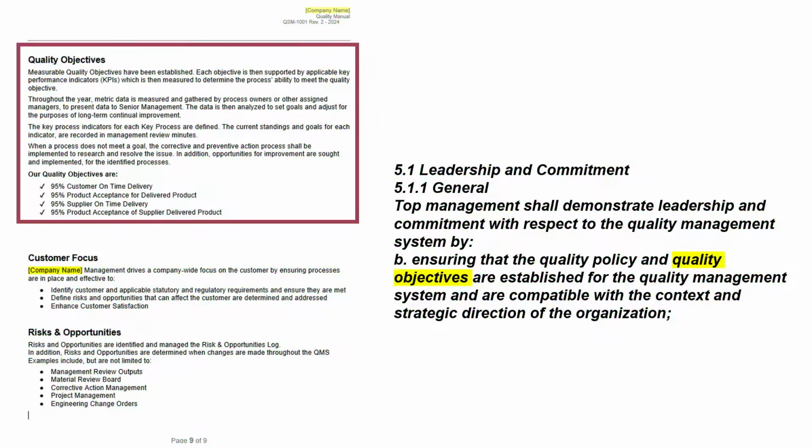Typically, your quality objectives are going to be in a separate document, like a spreadsheet or a monthly or quarterly report that's generated out of your ERP system. But I feel like it's a good idea, and I always put the quality objectives into the quality manual.